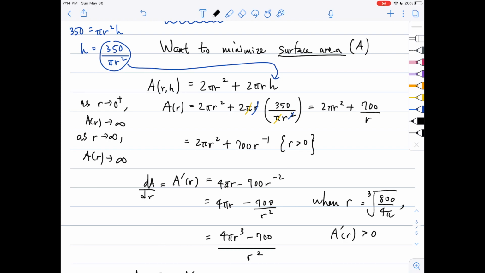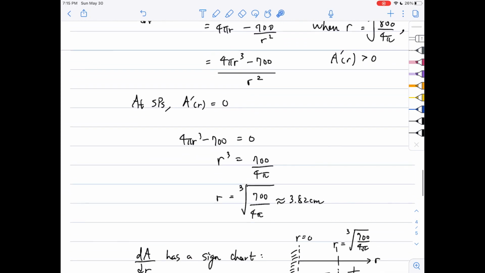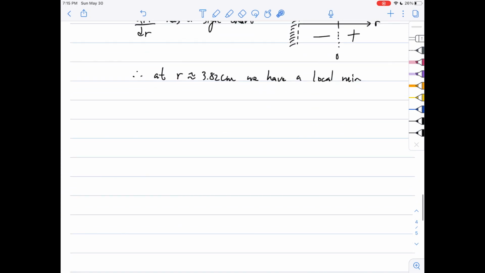Hopefully the picture that you have in your mind agrees with this end behavior analysis. So we can say that we have a local min, and we can say this is also the absolute min.